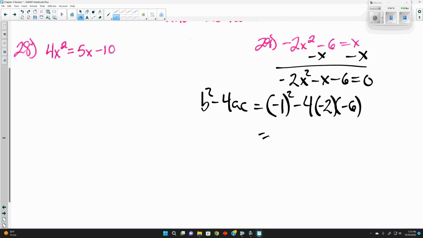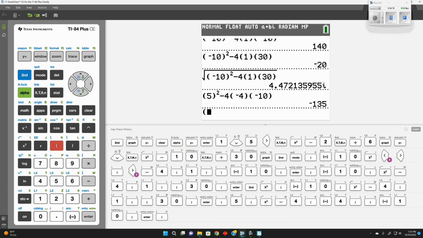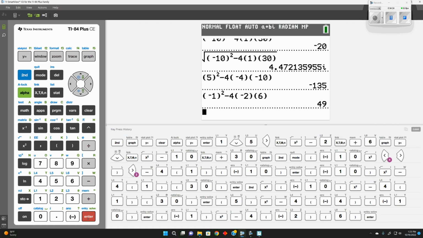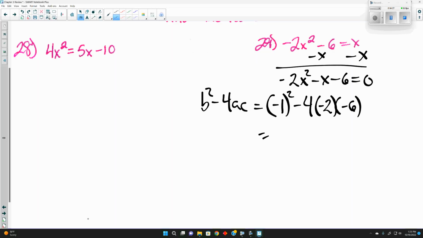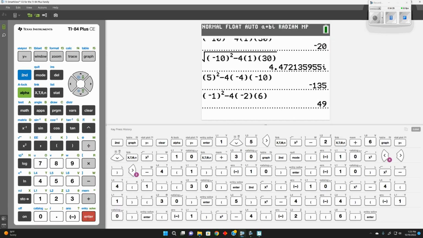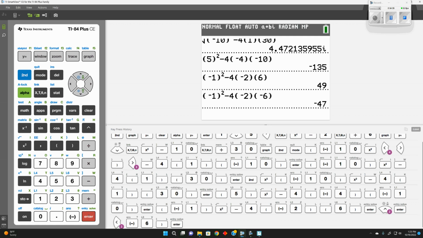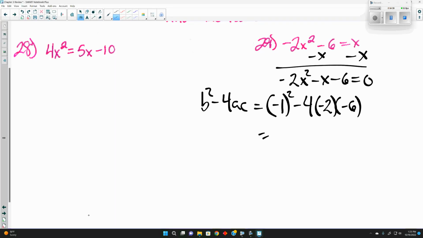Type the whole thing in. Negative 1 squared minus 4 times negative 2 times, make sure, negative 6. Negative 47. So this here is negative 47.